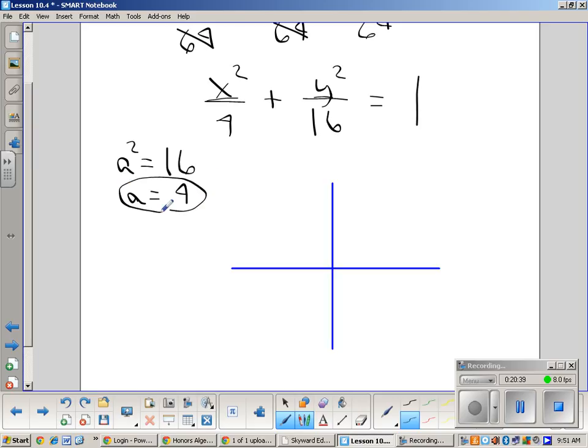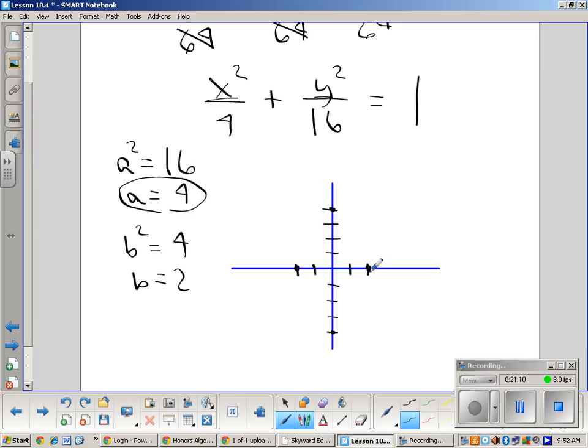So if I go up 4, I go down 4, I get this. Those are my vertices. Okay, what's B squared? 4. So what's B going to be? 2. So those are where my co-vertices are. They'll be on the x-axis.